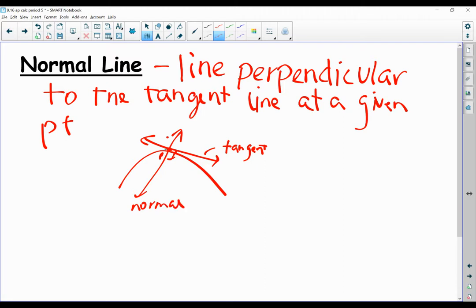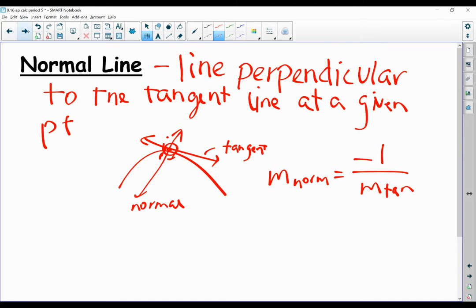Okay, so it has the same point as the point on the tangent line, but the slopes are going to be different. And to get the slopes, you just have to remember what's true about perpendicular lines. And perpendicular lines have the opposite slopes. So the slope of the normal, I'm just going to put norm, is the opposite reciprocal of the slope of the tan. But the point they share is the exact same.